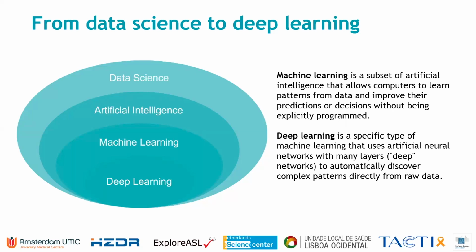And then deep learning is a specific subset of machine learning that uses artificial neural networks. It's based on our brains, the layers, nodes and connections, to be able to provide predictions or to discover patterns in the data itself.